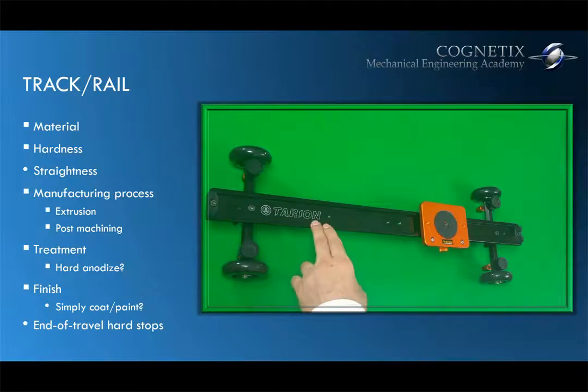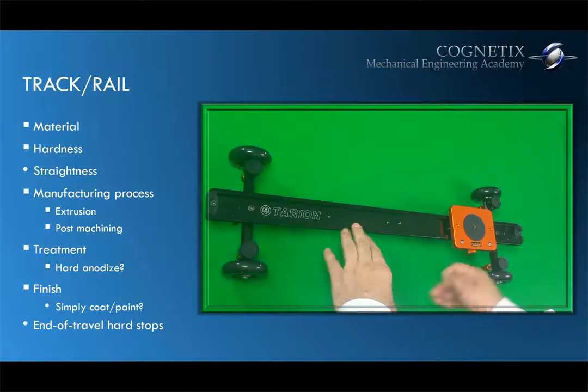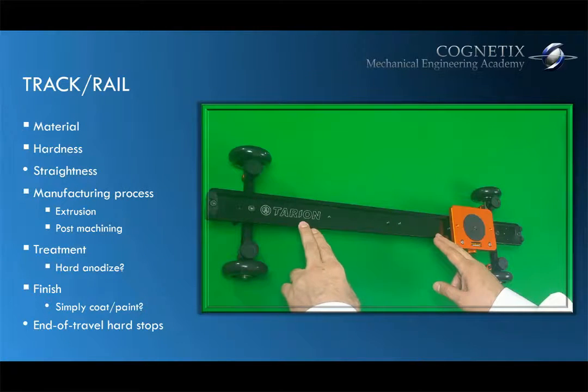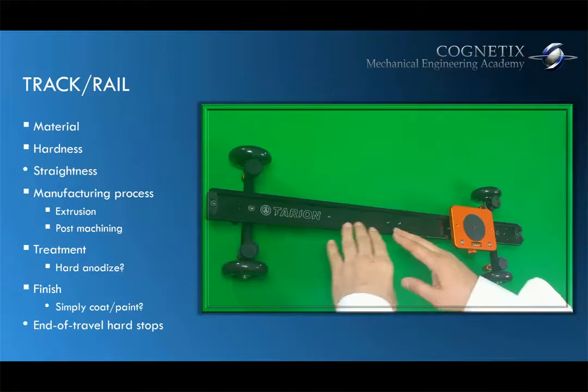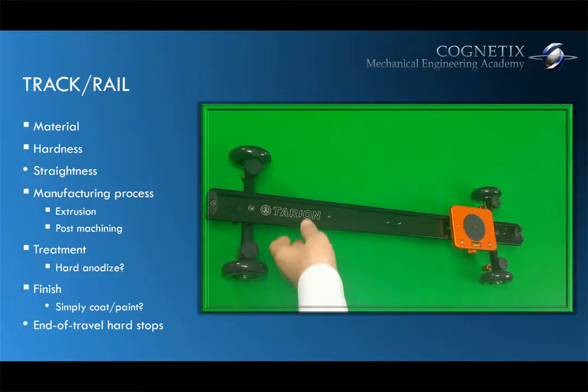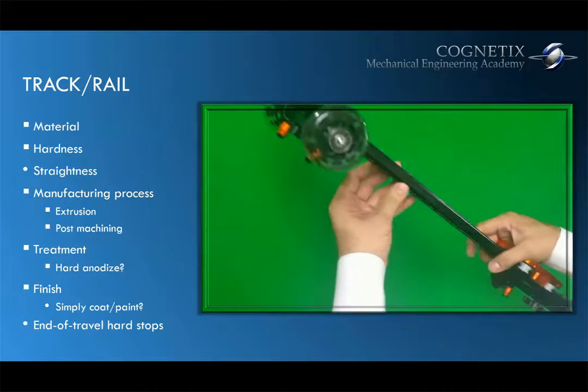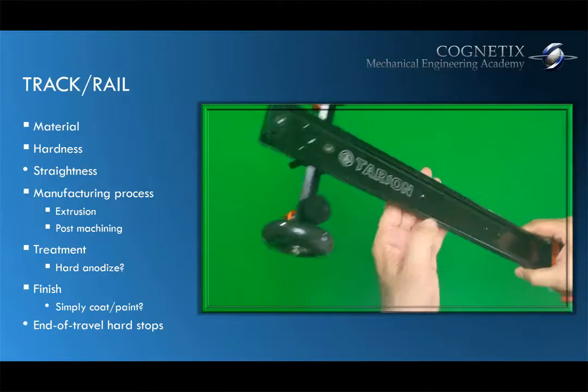So from an engineering perspective, they probably specified that this rail needed to have a specific level of straightness. Okay, and in other videos in the Academy, we talk about how we go about specifying that on the engineering drawings.